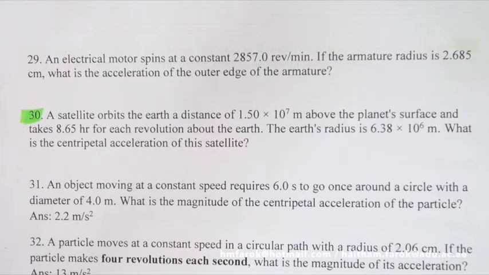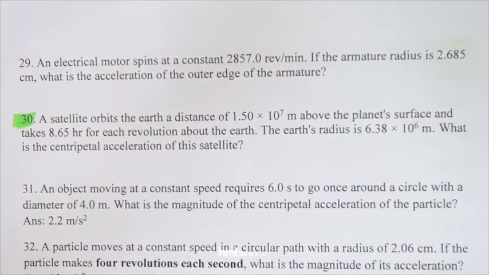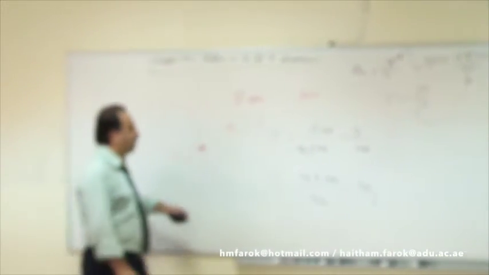So this satellite goes around the Earth. The Earth's radius is 6.38 times 10 to the power 6 meters. That's the radius of Earth. What is the centripetal acceleration of the satellite? Okay, now we'll just do a diagram here.